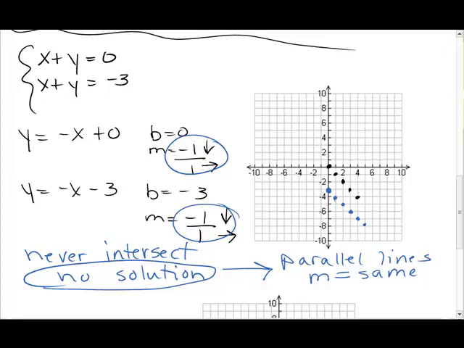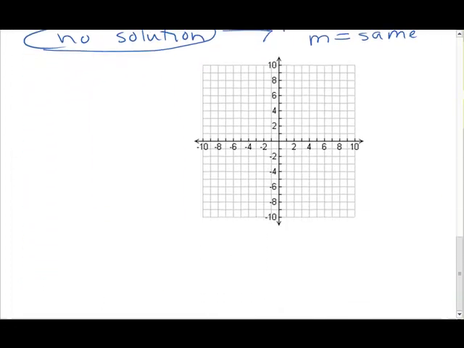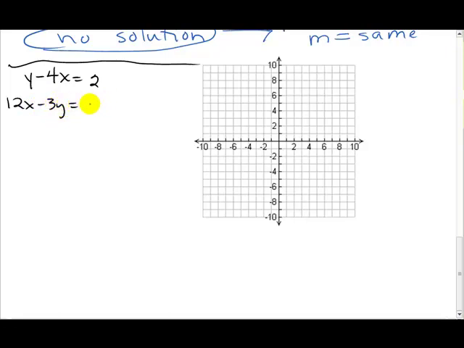Okay, let's look at another one where you'll have a special answer. Okay, here's our system of equations. I'm going to rearrange the first one.